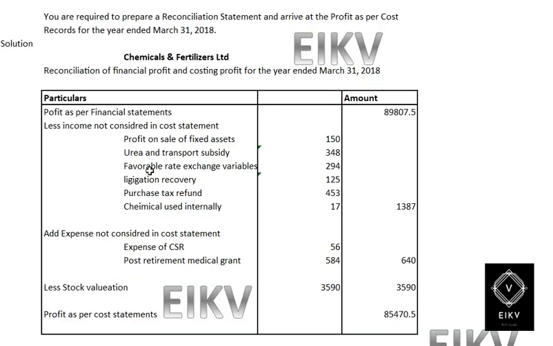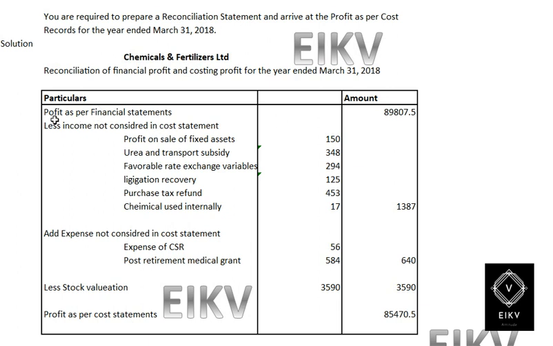So I'm directly going towards the answer. I have made the heading as Chemicals and Fertilizers Limited, reconciliation statement of financial profit and costing profit for the year 31st March 2018. Then a table which contains two amount columns, one is the sub amount column and the main amount column, and the particulars.